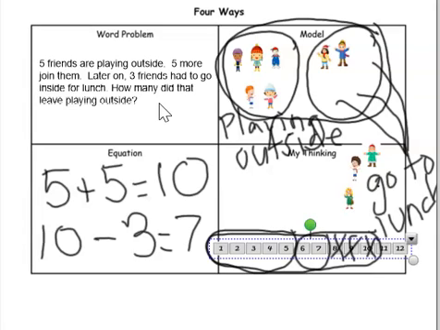How many did that leave playing outside? So we had 5 friends, and 5 more join them, which gave us 10. And later on, 3 friends had to go inside. So we lost 3 friends because they went inside for lunch. So now we have 7 still playing outside. So that does make sense, doesn't it?